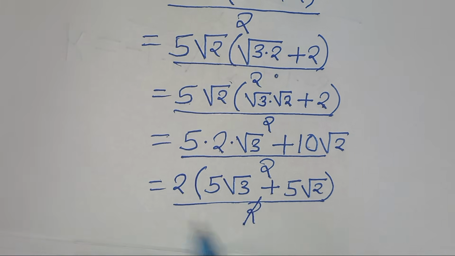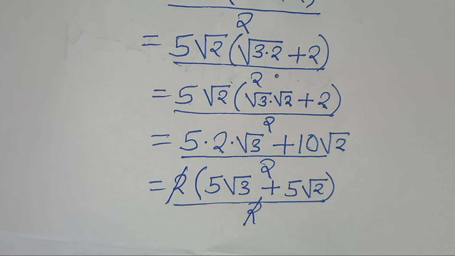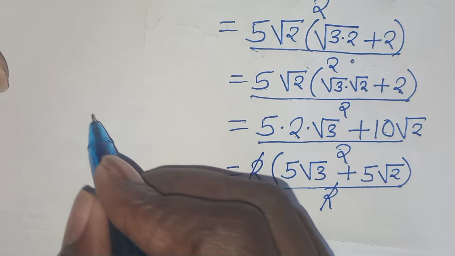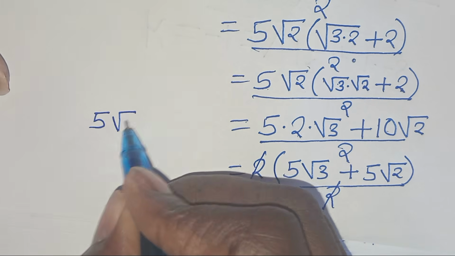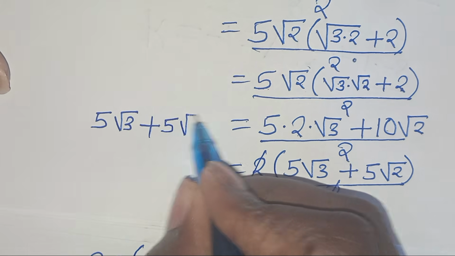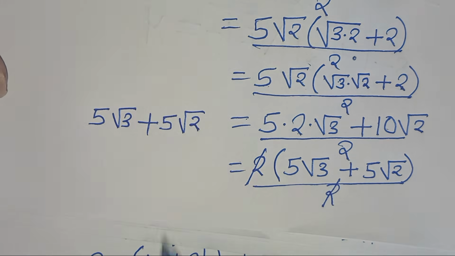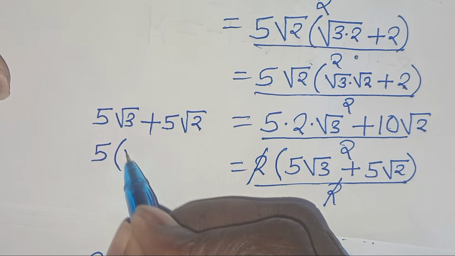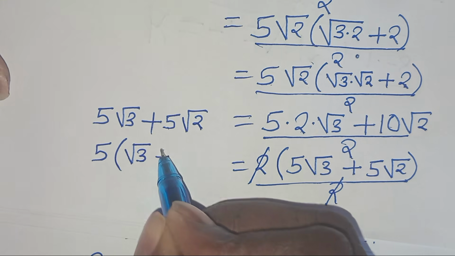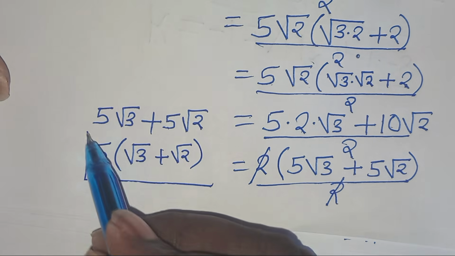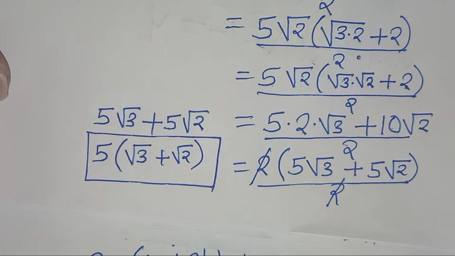So if you simplify 2 and 2 here, this means that we have the solution, which is equal to 5 root 3, then plus 5 root 2. So again, 5 is common here, so we factor out 5, so that we have root 3 plus root 2. So this is the solution to this square root math problem.